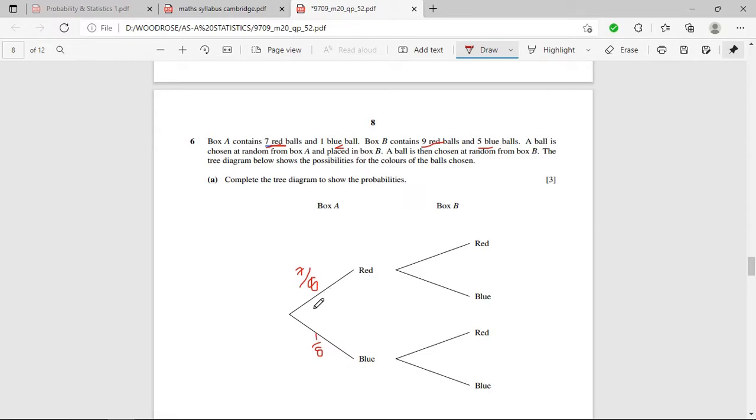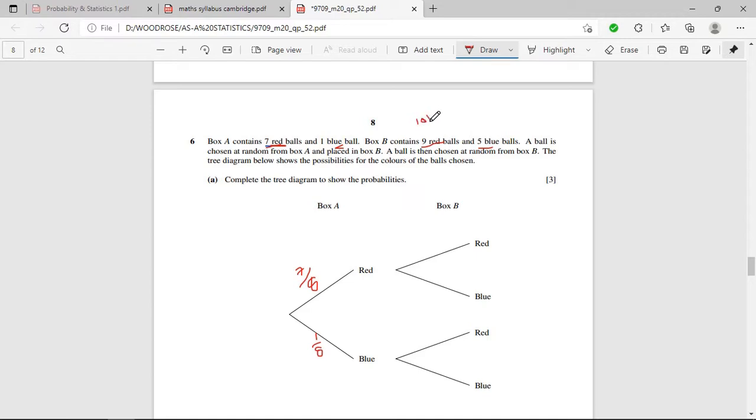Then if we select a red ball and put it into box B, the red balls will be 10.